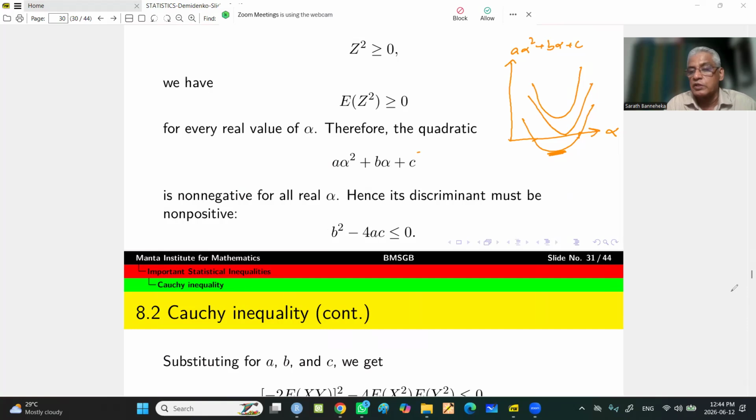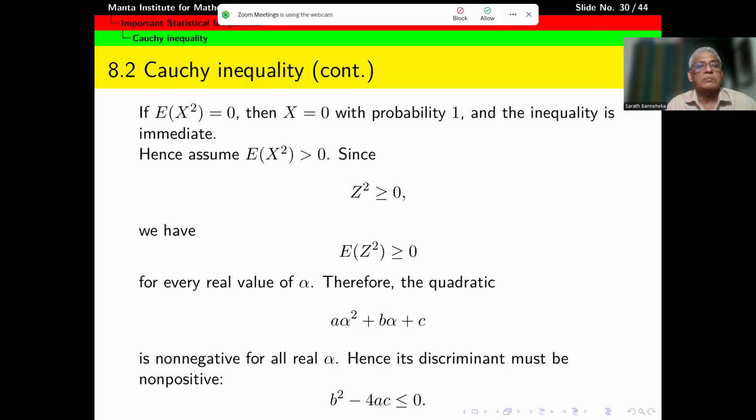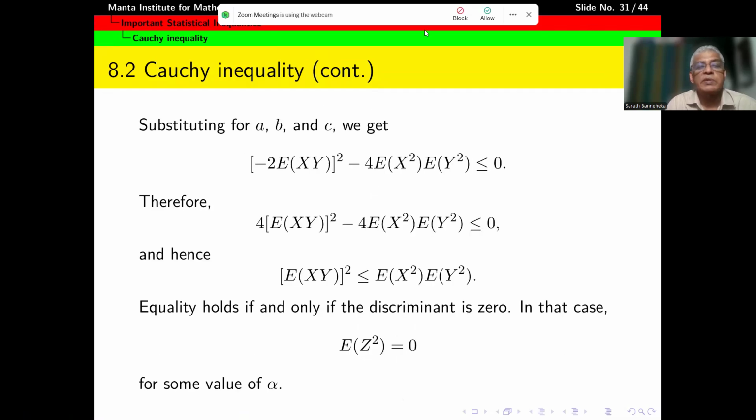So if you put the values for b and a and c, you will get the following expression here. Okay, before that, I will delete this. So substituting for A and B and C, we get this expression.